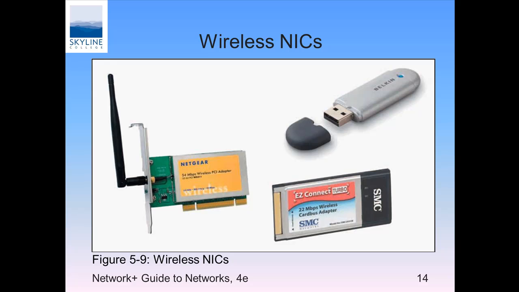The dimensions are a little bit different, and that's where you've got to buy the right thing. This one here, the one with the antenna, we actually do have some of these around, and these are going to be really, really fast, you know, like B standard wireless. But they go into an expansion slot of some sort. That looks like a PCI expansion slot, doesn't it?